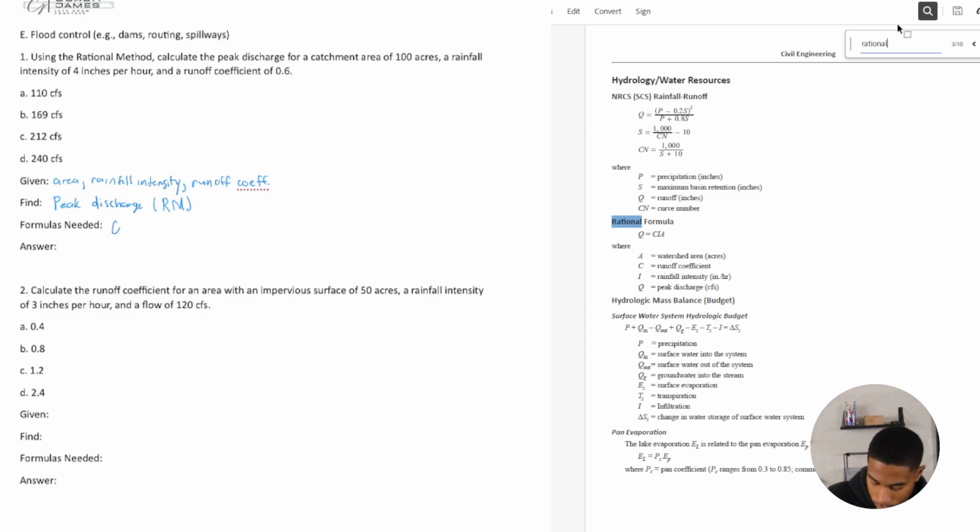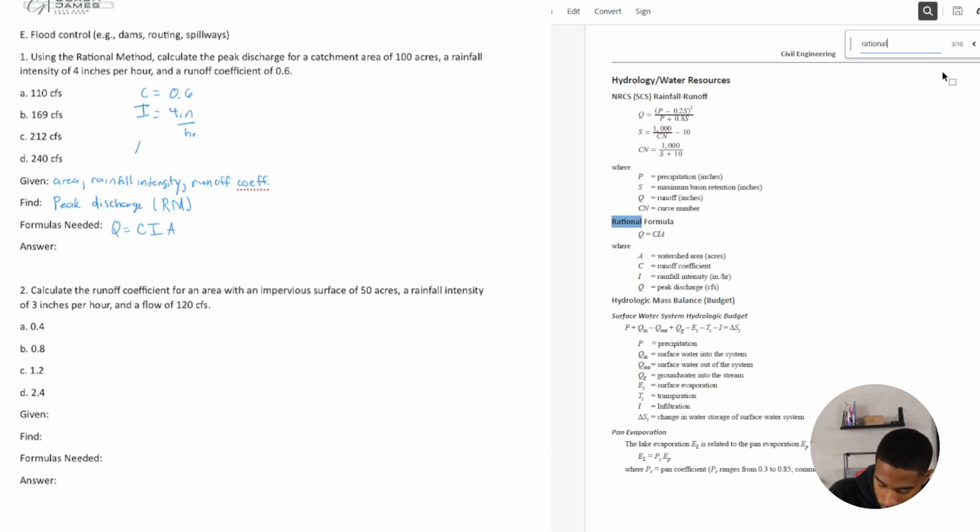So I know that I'm using Q is equal to CIA. C is equal to 0.6. I is equal to the rainfall intensity, which is 4 inches per hour.